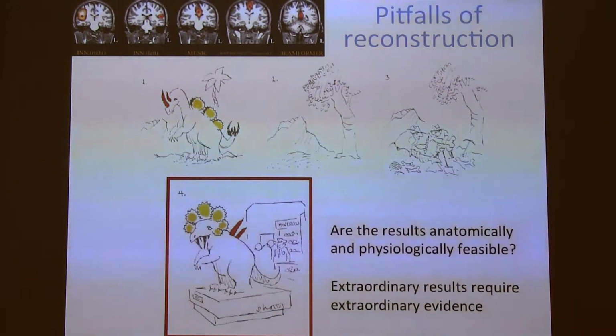The lesson is that one should always keep in mind whether the results are anatomically and physiologically feasible, and also that extraordinary results require extraordinary evidence. If you find something totally new, while others found something else, you need some more information about that.